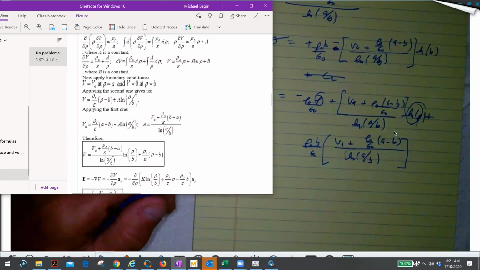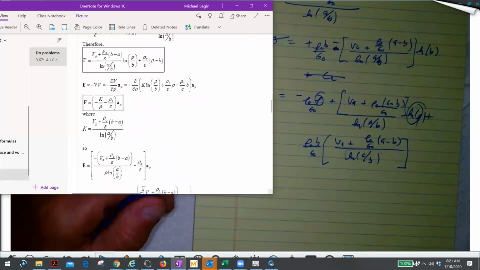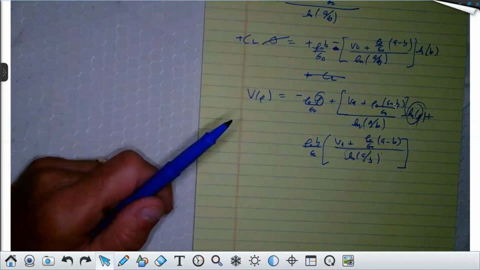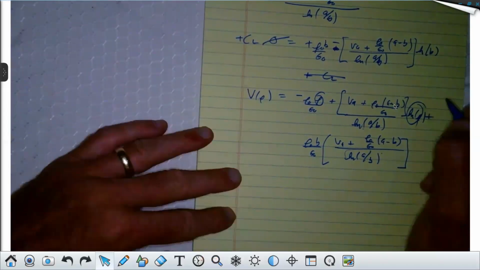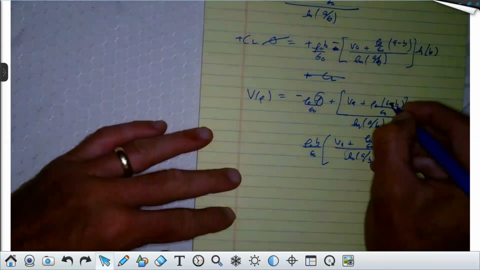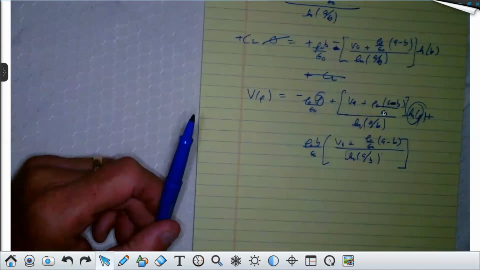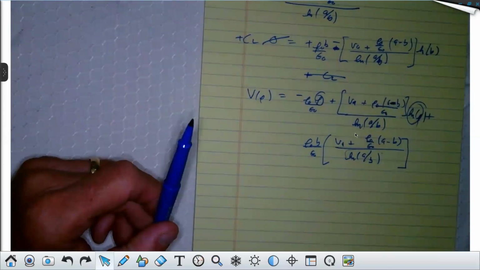And here's the log of A over B. That's it. VA plus rho naught A plus B, I'm sorry. I think I should have put a minus there, my bad. That's supposed to be a minus right there, A minus B.